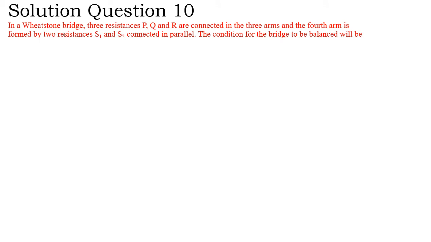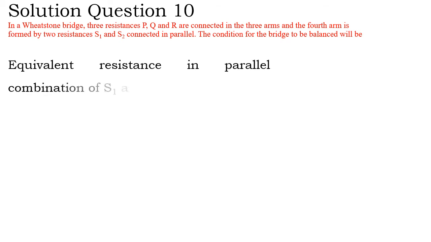Now we know that one of the arms contains a parallel combination of resistances S1 and S2, and the equivalent resistance we'll find first. So equivalent resistance in parallel combination of S1 and S2 is given by S is equal to S1 S2 divided by S1 plus S2.